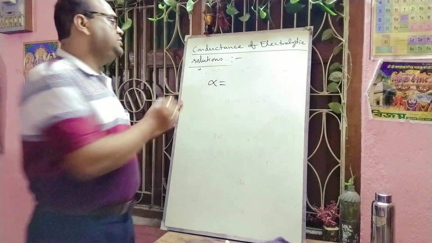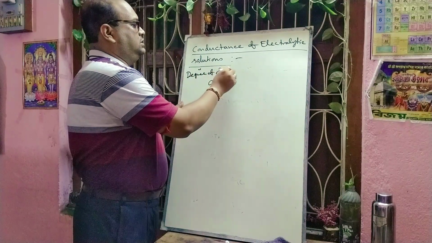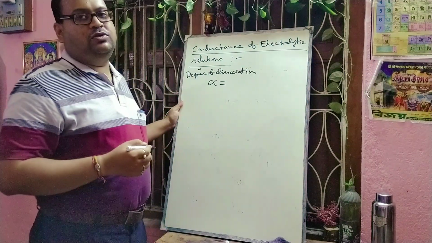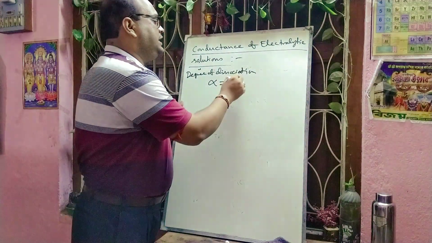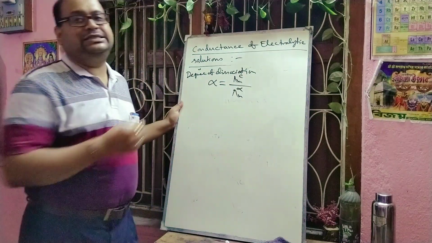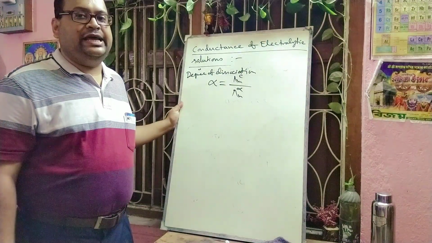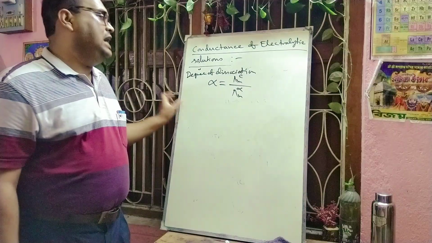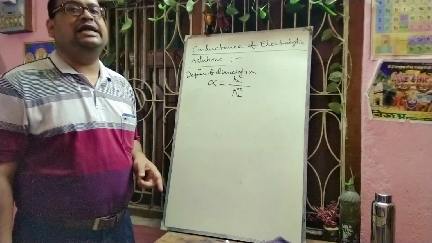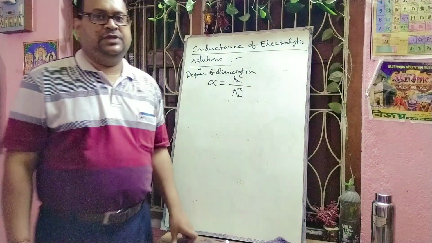Degree of dissociation will be equal to ΛmC by Λm∞. Now what is ΛmC? It is the molar conductivity at a given concentration, and Λm∞ is the molar conductance at infinite dilution. So in this way we can calculate the degree of dissociation.